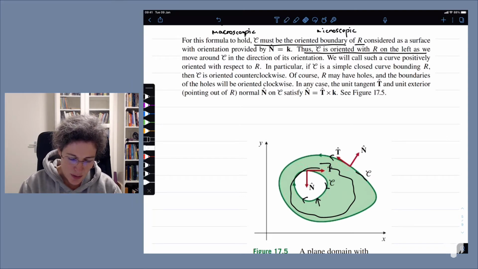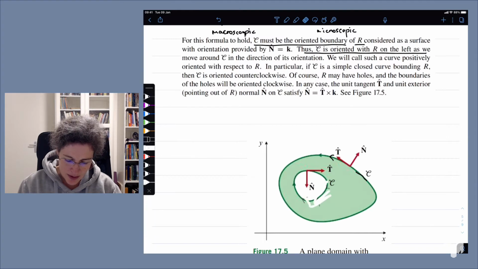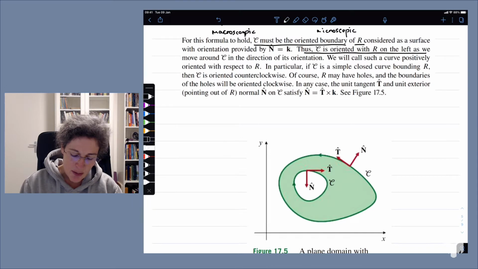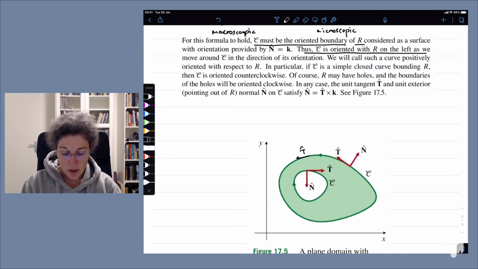Other things that you might notice when we think about this, so let's just move off some of those marks. If we want to think about the unit tangent to our curve, so at any point on our curve we can have a unit tangent vector, which we know how to find.